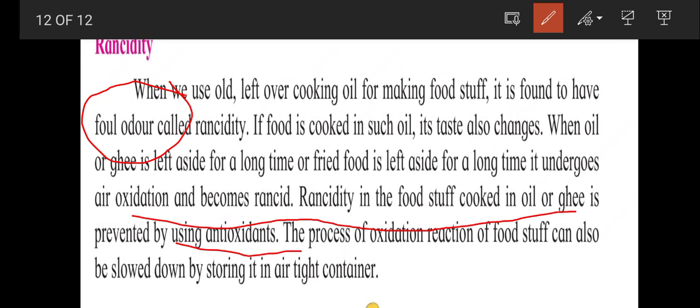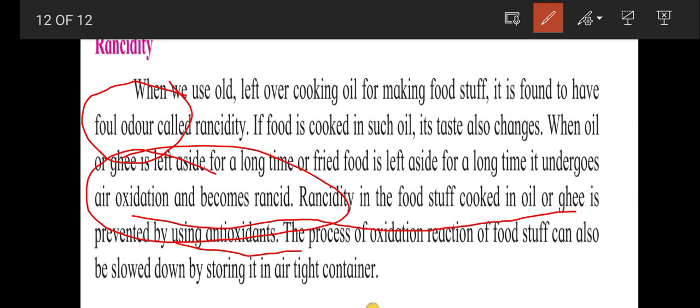Because when oil or ghee is left aside for a long time, it undergoes oxidation. वो जो घी और ऑयल होता है वो ऑक्सीडेशन के अंदर जाता है. So it becomes rancid, and rancidity in the foodstuff cooked in oil or ghee is prevented by using antioxidants.